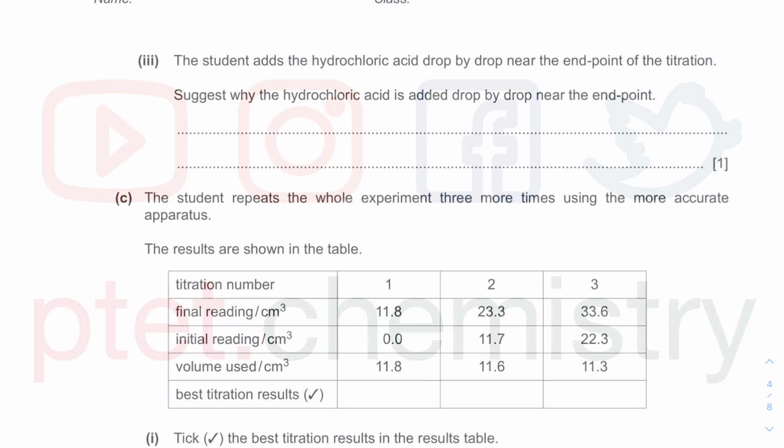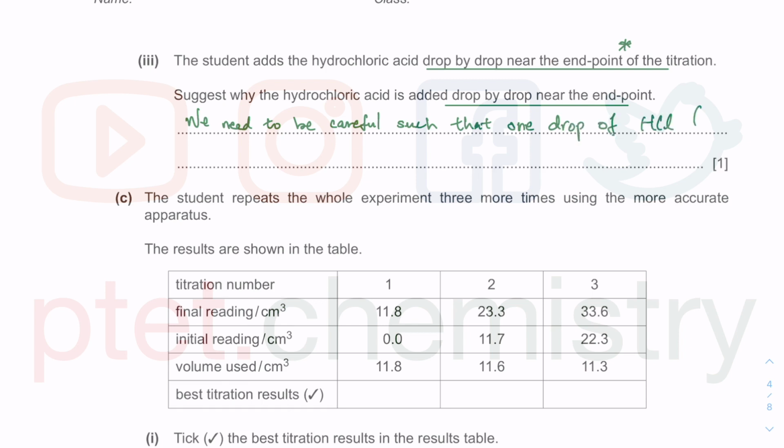Now the student adds the hydrochloric acid drop by drop near the end point. As you know, you want to be careful near the end point. Why is it added drop by drop? We need to be careful, such that one drop of the HCl from the burette, if you have done this practical with me, you can watch my experimental tutorial video on this titration.